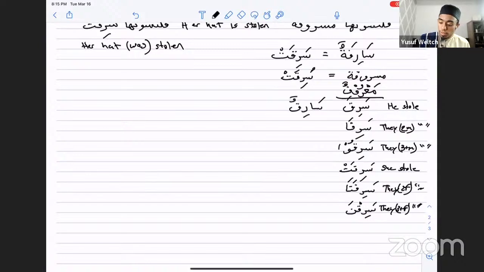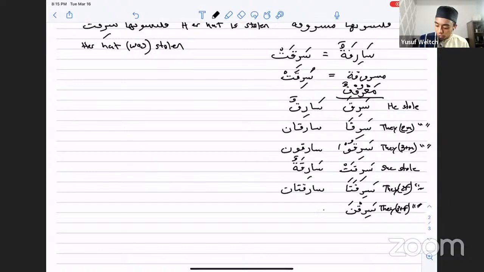So that would match up with sariqun. Okay, so you have sariqun. If you want a dual, it would be sariqani. Sariquna would be plural, but these are all masculine. Feminine would be sariqatun. Sariqatani would be dual. This is not the point. I'm just trying to write it for benefit.